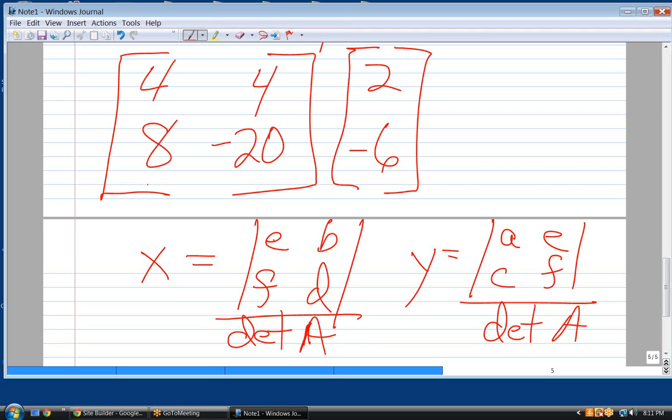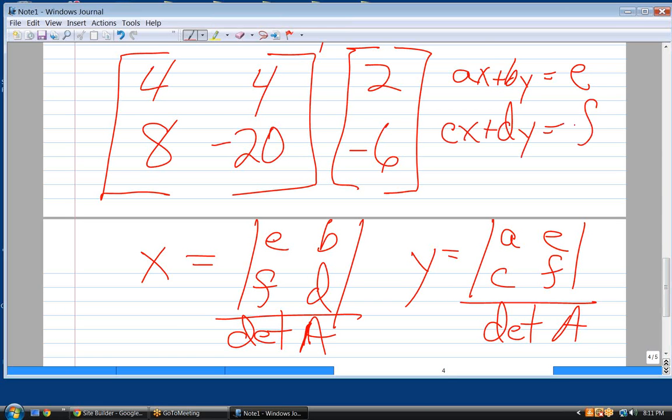And it's AX plus BY equals E, and CX plus DY equals F.